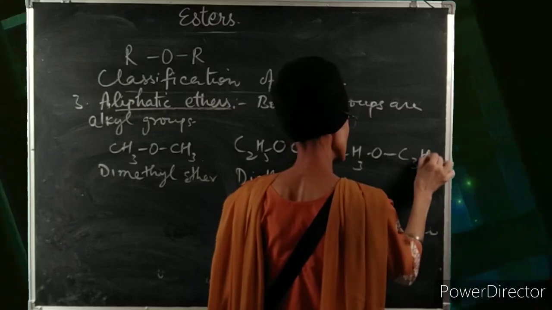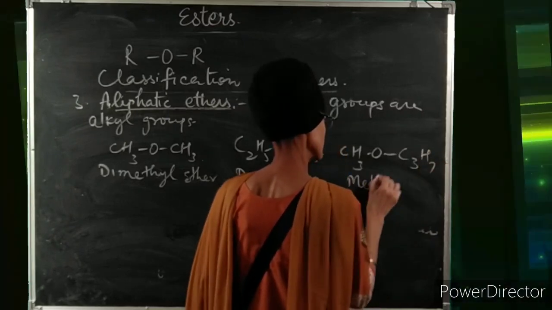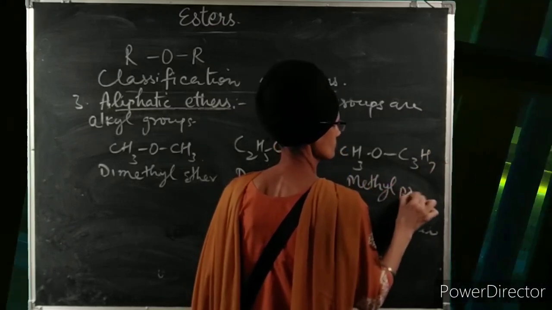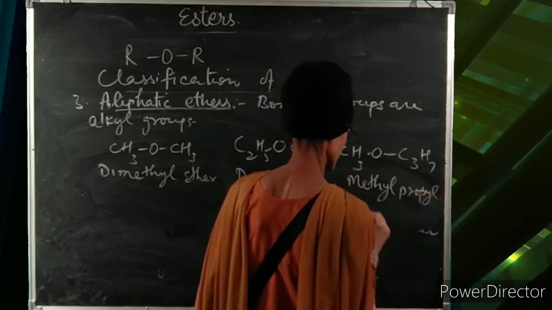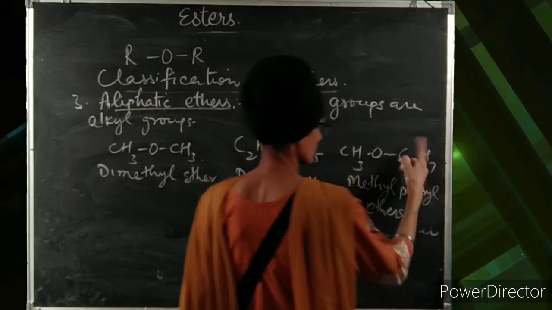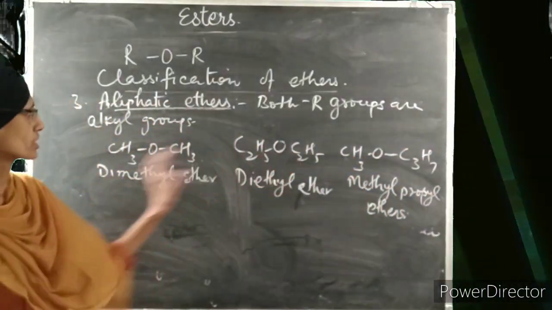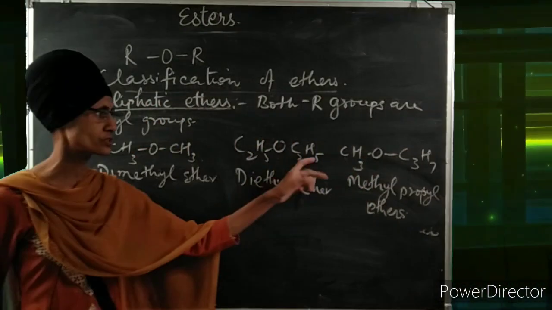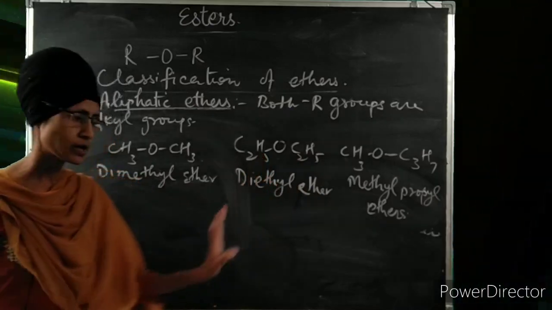As you can see, in all these ethers there are aliphatic chains on both sides of the oxygen atom. None of them is an aromatic ring.